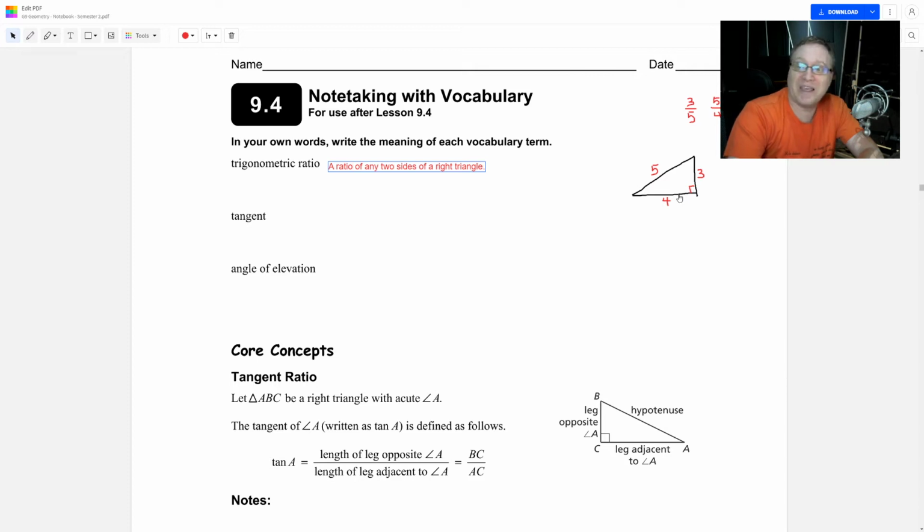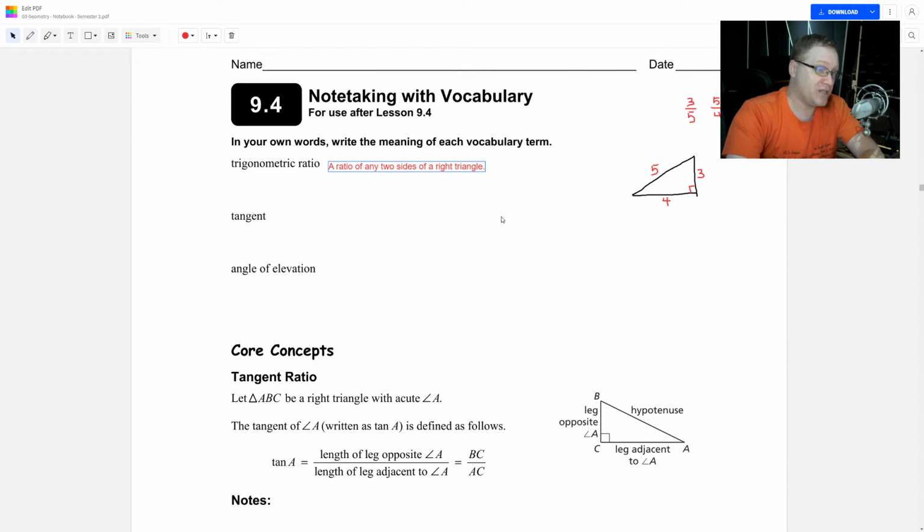But we give each of these ratios a special name. And today we're not going to learn all of the names. Today we're just going to focus on one of them. All right. We're going to talk about the tangent, which is a ratio. Sometimes we call it the tangent ratio. All right. Now, what is the tangent ratio?